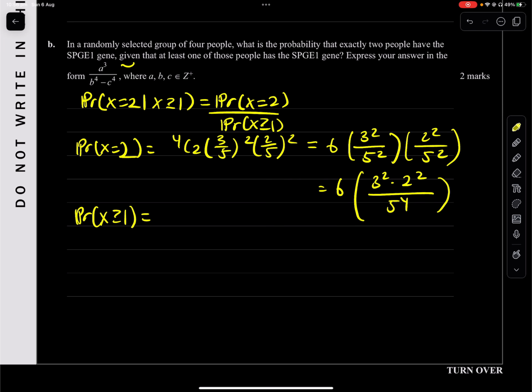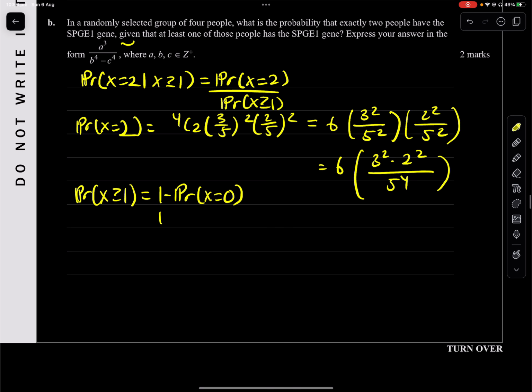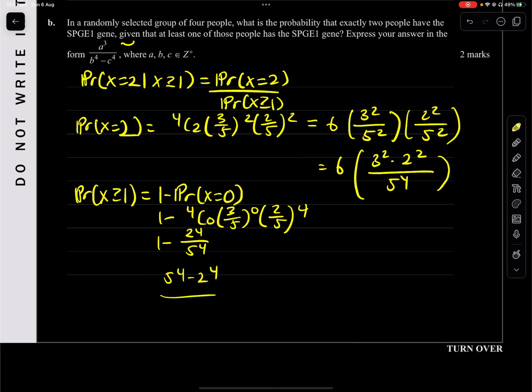Which is just 1 minus the probability of x equals 0, which is just 1 minus 4 choose 0, 3 over 5 to the 0, 2 over 5 to the 4 minus 0, so 4, which is just 2 to the 4 over 5 to the 4, simplifies to 5 to the 4 minus 2 to the 4, all over 5 to the 4.